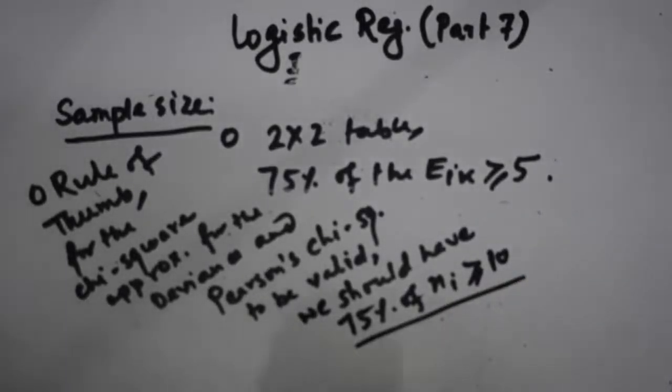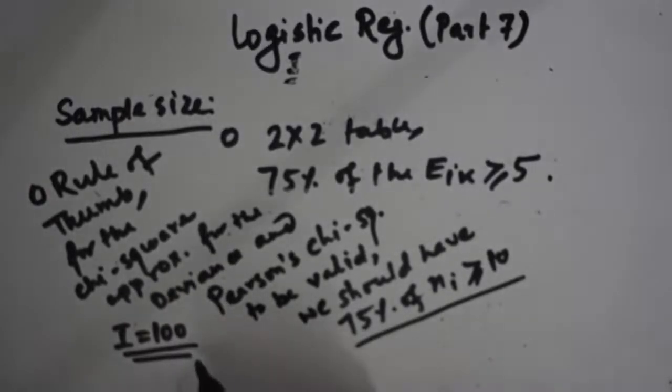That means, suppose your capital I is 100, that is there are 100 groups, then out of 100 groups at least 75 groups should have size greater than or equal to 10.